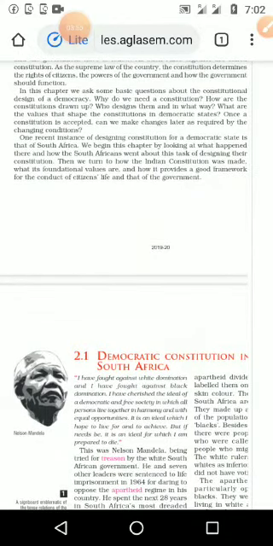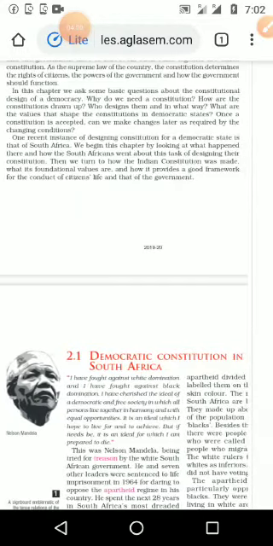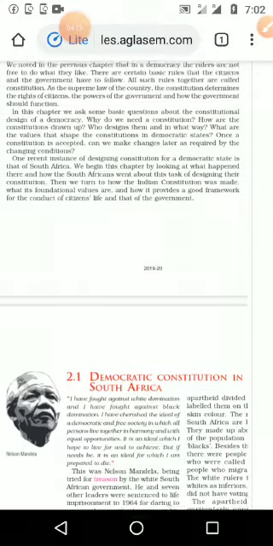The constitution, how it formed, the rules and basic regulations, how it formed, who designed them and in what way, who decided all the rules related to our constitution, and in what is the way for that, and what are the values that shape the constitution of democratic state. What is the difference between the democratic state constitution and other states constitution, like that things.